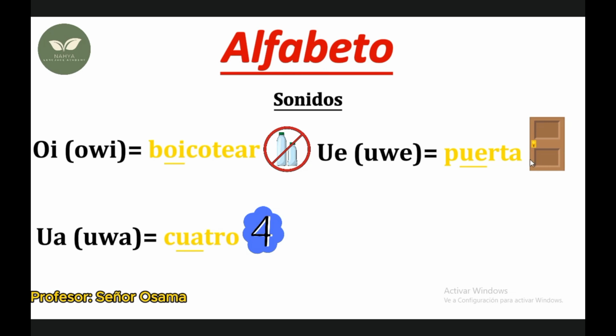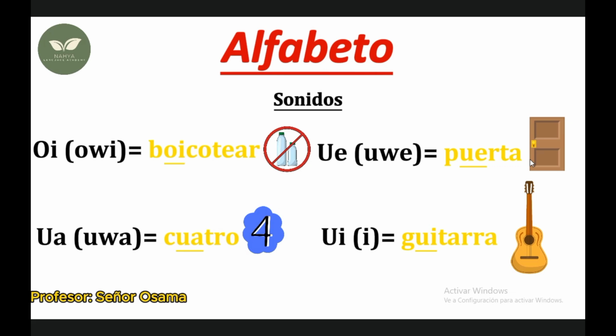Okay, so the next one is, okay, here we have another example. Actually, this is a little bit different. Here we have uwi. Okay, but we read it as e.